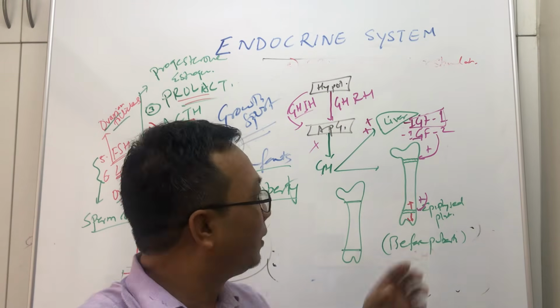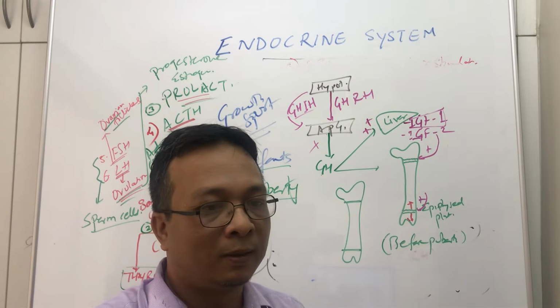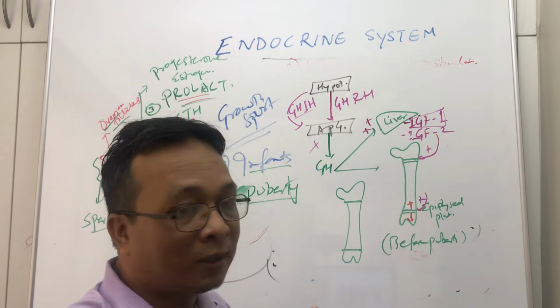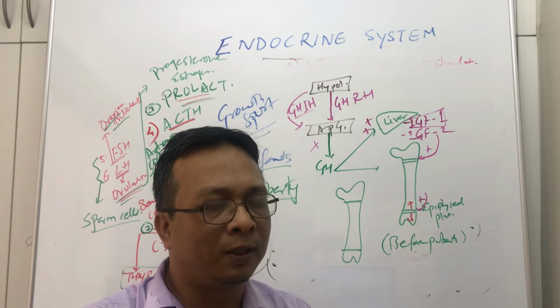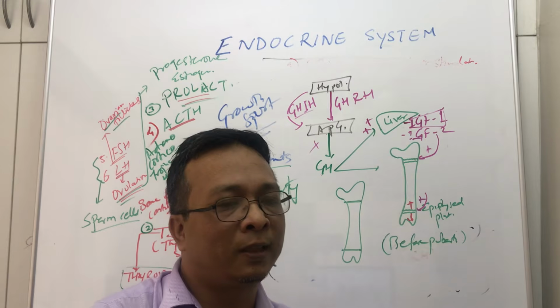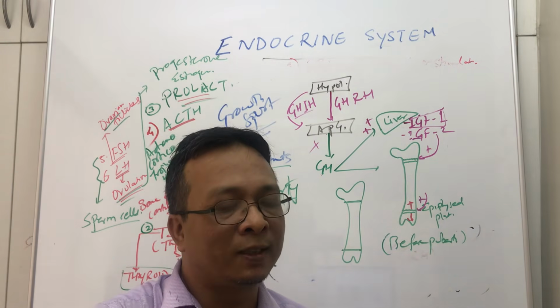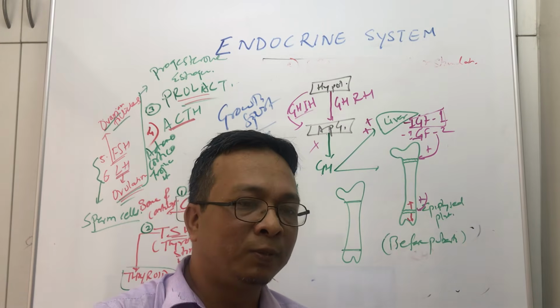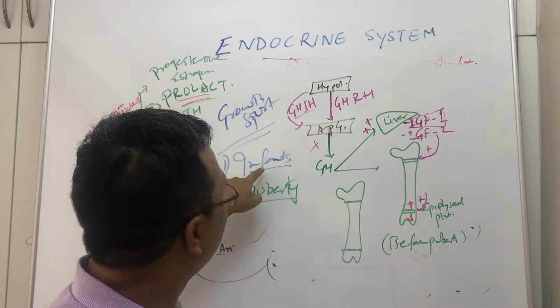When the cells multiply, the osteoblast cells multiply and produce growth. Because the cells are multiplying, they require a lot of energy. Sometimes a baby suddenly, out of the blue, sleeps 10 hours every day, and the next day suddenly sleeps around 15, 16, 18 hours. That is happening because of the growth spurt.